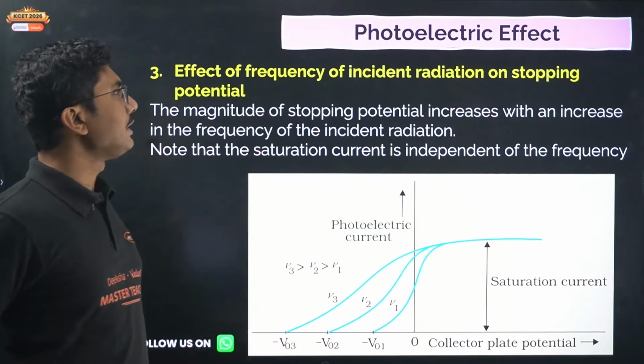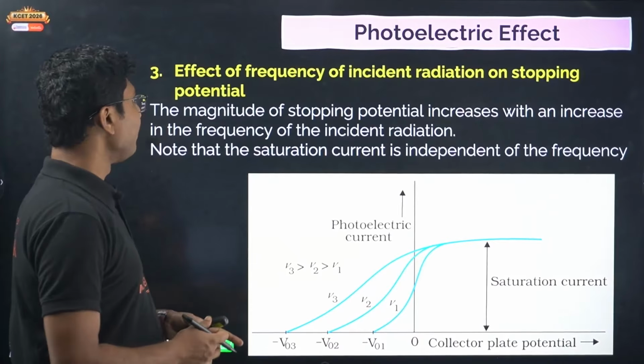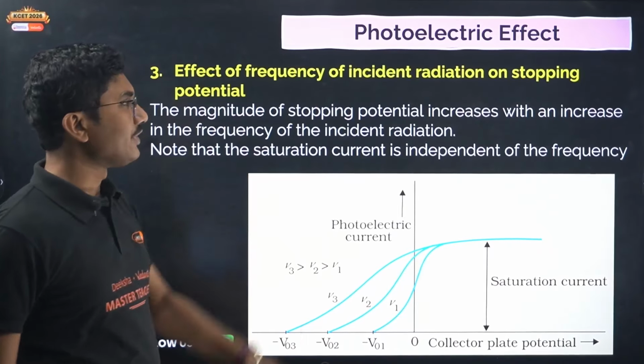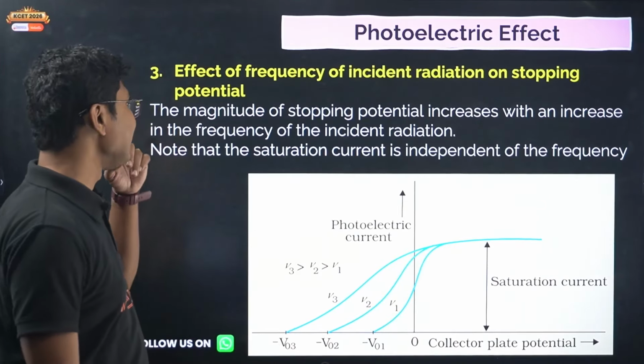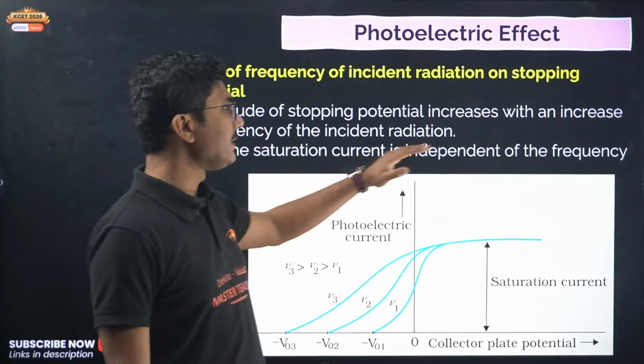Effect of frequency of incident radiation on stopping potential. The magnitude of stopping potential increases with an increase in the frequency of the incident radiation. Note that saturation current is independent of frequency.